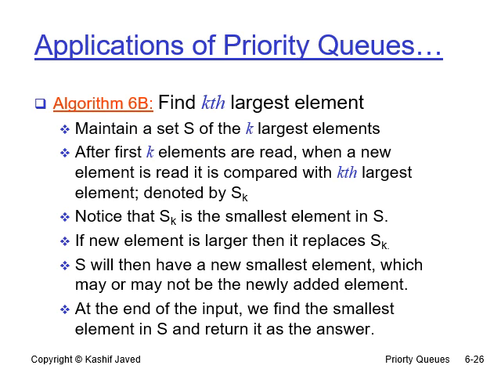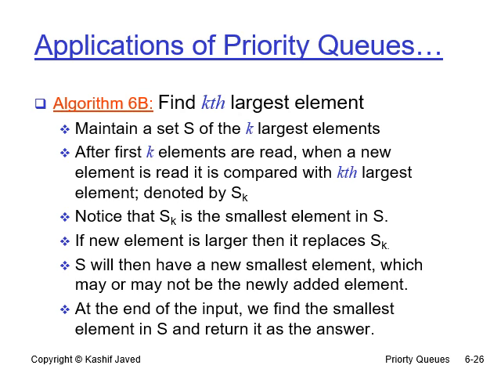So another solution to find the kth largest element is to maintain a set S of the k largest elements. After k elements are read, when a new element is read, it is compared with the kth largest element, denoted by Sk. Notice that Sk is the smallest element in S. If the new element is larger than it, it replaces Sk.